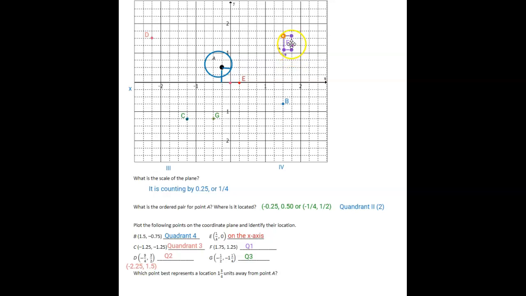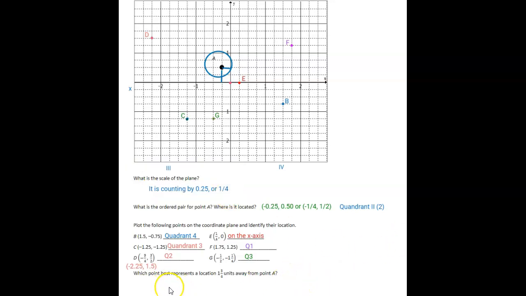And then you'll go up to 1 and 1/4 of the way to mark F in quadrant 1. G is located in quadrant 3. When you are starting at the origin at 0, 0, you're going to go to the left of 0 to halfway between 0 and -1. Drop down, go past -1, and stop at -1 1/4, and there is point G.